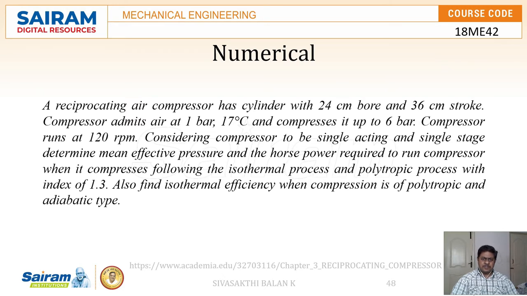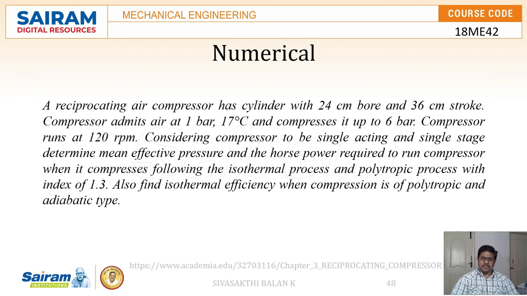The problem for today's discussion is a reciprocating compressor with a cylinder of 24 centimeter bore and 36 centimeter stroke. D and L are given. The compressor admits air at 1 bar and 17 degrees centigrade, the initial pressure and temperature, and compresses it up to 6 bar. The compressor runs at N equal to 120 rpm, and we consider it to be single acting and single stage.